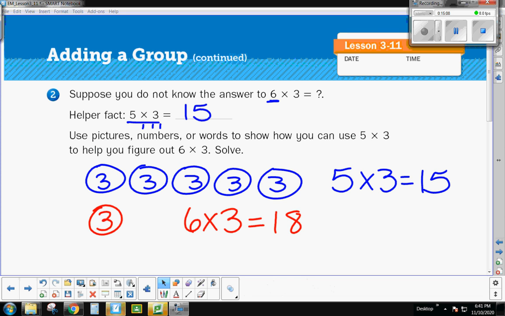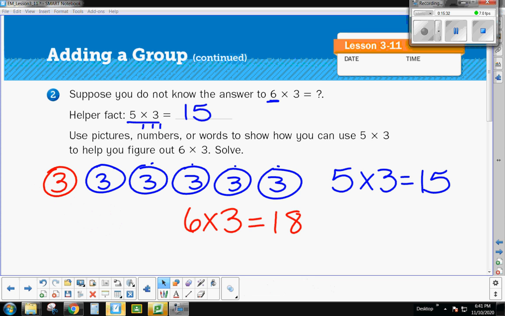Okay, here's an example of a picture that I've gotten in the past. So if I know that 5 times 3 is 15, somebody drew 5 groups of 3. 1, 2, 3, 4, 5 groups of 3, and we know that 5 times 3 is 15. If I need to do 6 groups of 3, I just added on another group of 3, and I can kind of just put that on there right there.